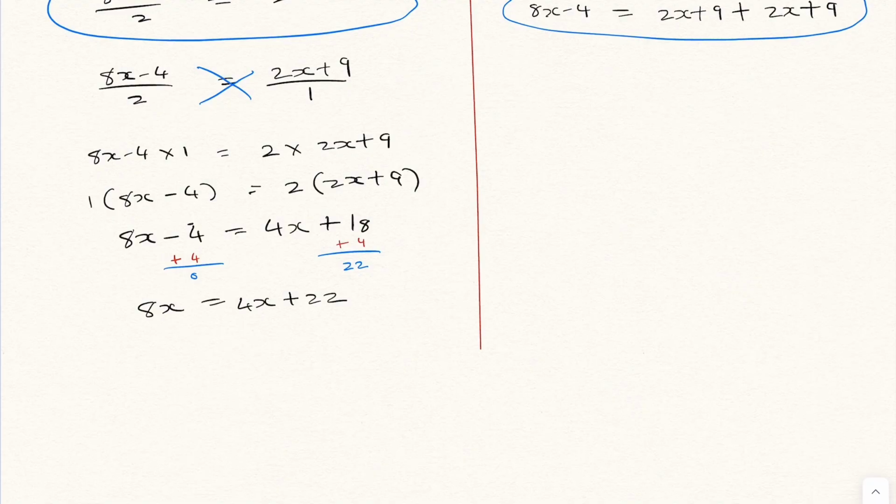So 8x minus 4x, and 4x minus 4x, this one cancels this, leaving us with nothing, whereas 4 goes into 8 four times to give us 4x. So we're left with 4x is equal to 22. To move forward, we divide both sides by 4. So we say over 4 and this over 4. 4 takes out this 4 here, leaving us with x.